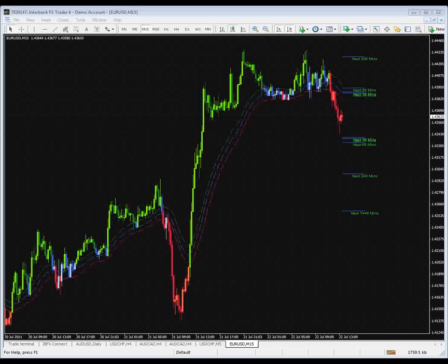Okay? What they are is simply a color-coded system that I use to gauge sentiment, momentum, and trend. So I have the 34 EMA wave, which is a trio of exponential moving averages set on the high, the low, and the close on a period of 34.